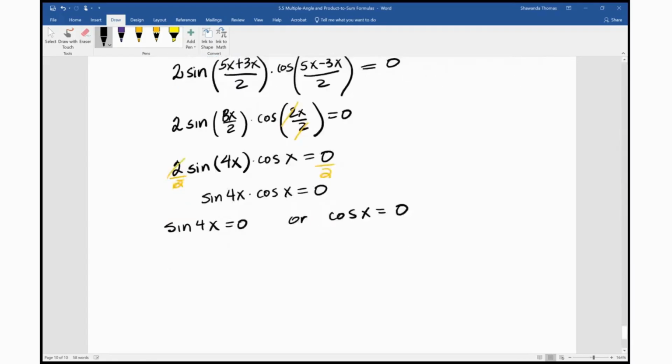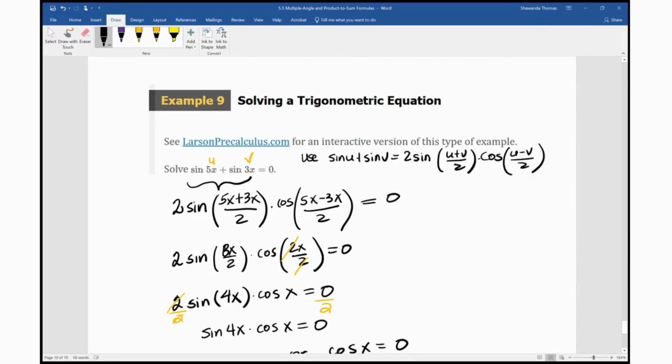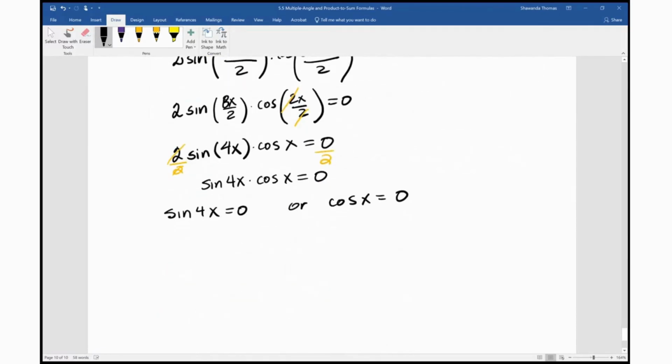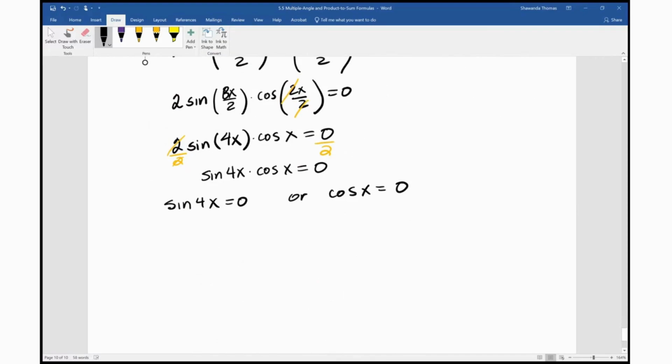Let's go with the easier looking one. When is cosine x 0? We have to write general solutions, it looks like. When cosine of what is 0? Pi over 2.